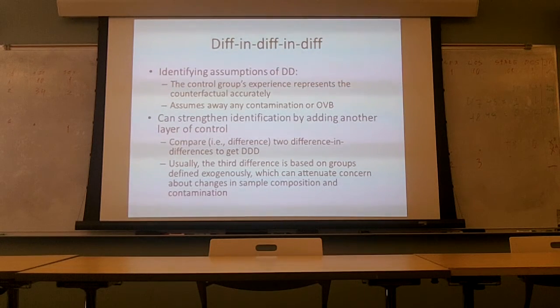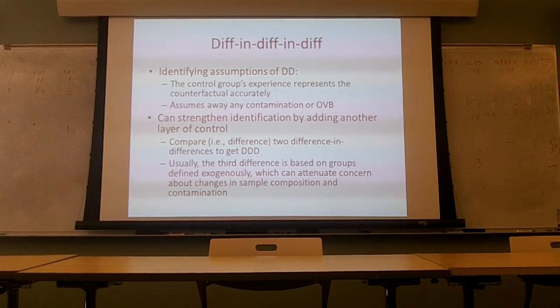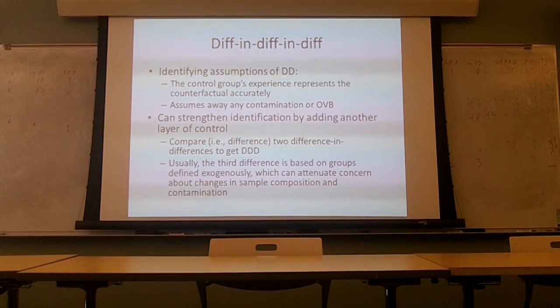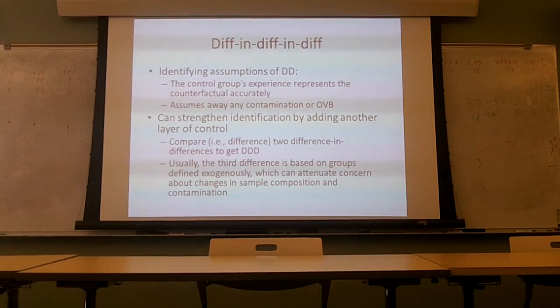One wrinkle to strengthening difference in differences is to add another layer of control, a separate difference in differences. I'll show you some examples, but usually we try to do this in the context of policy evaluation when we think we can identify within each group.